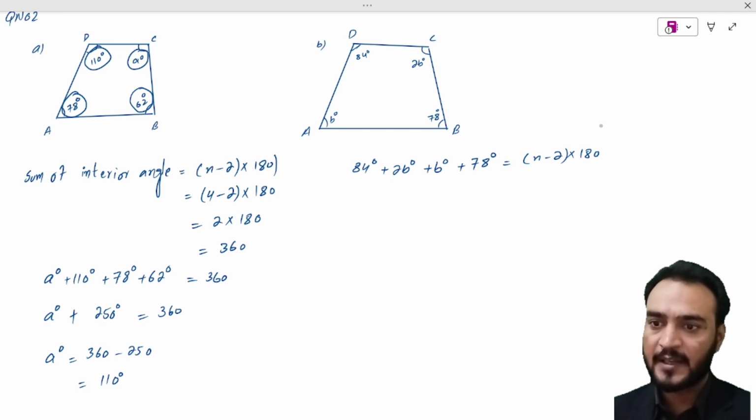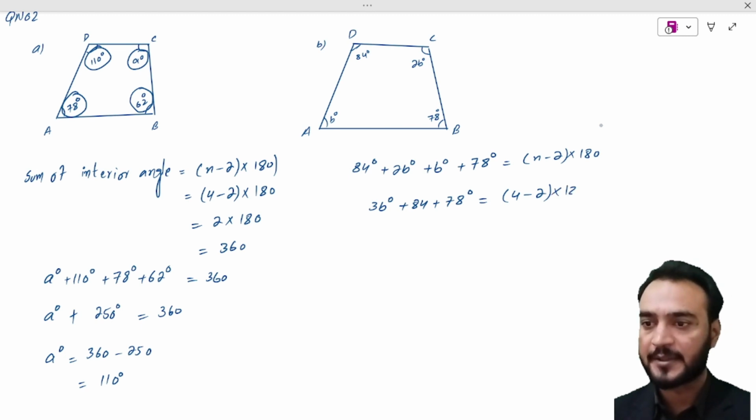So adding 2B and B becomes 3B degree plus 84 degree plus 78 degree equals to 4 minus 2. We put the value of n equals to 4 because we have a four-sided polygon times 180.